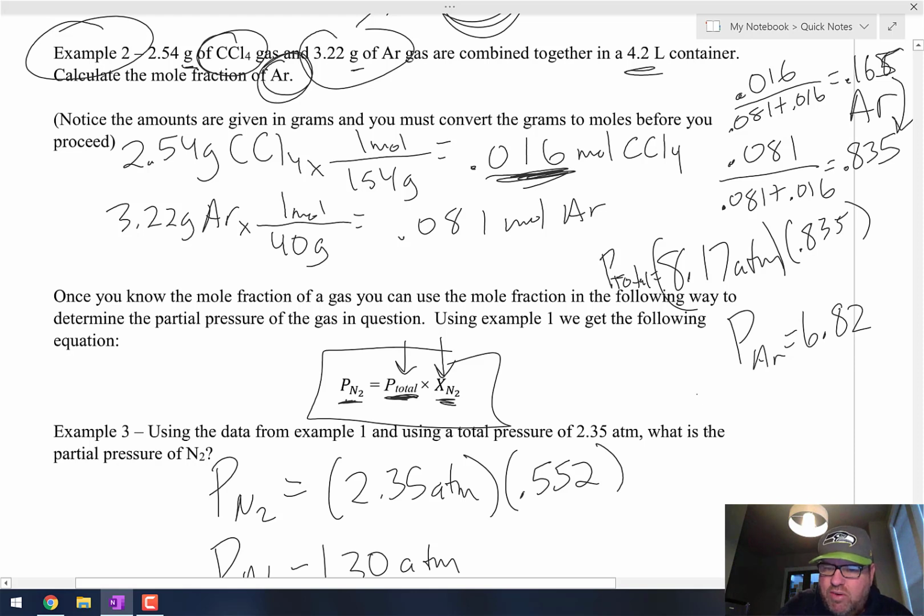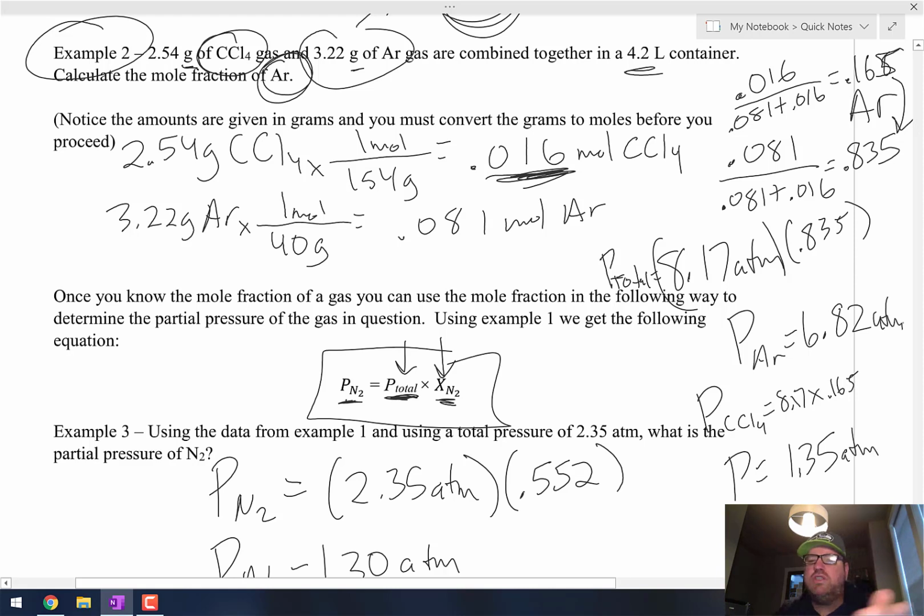Which means that the pressure of CCl4 is equal to, again, the total pressure, 8.17, times its mole fraction, 0.165. Okay, so 8.17 times 0.165 equals 1.35 atmospheres.